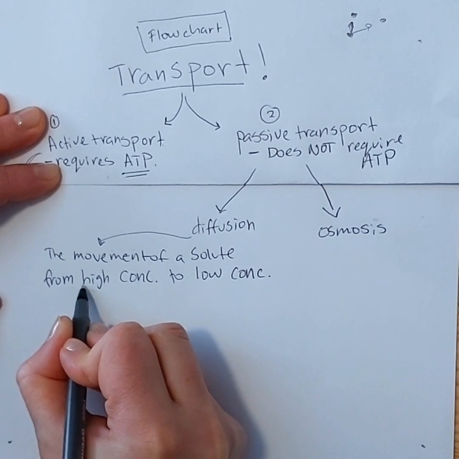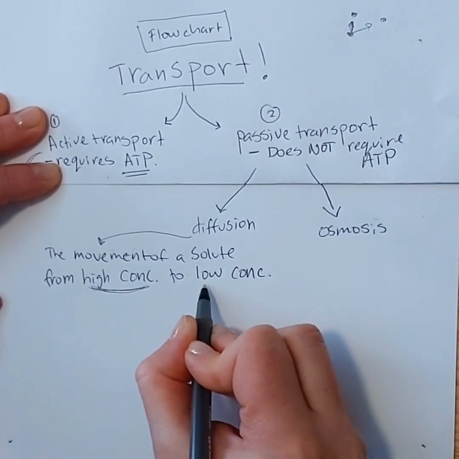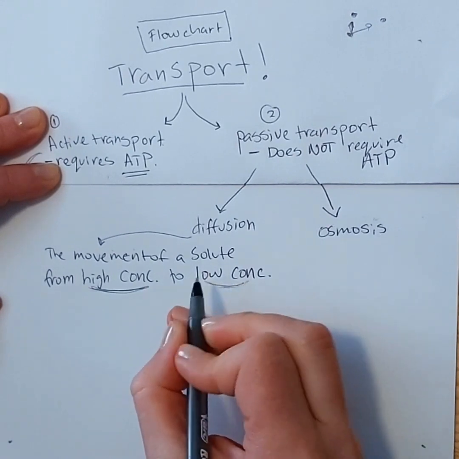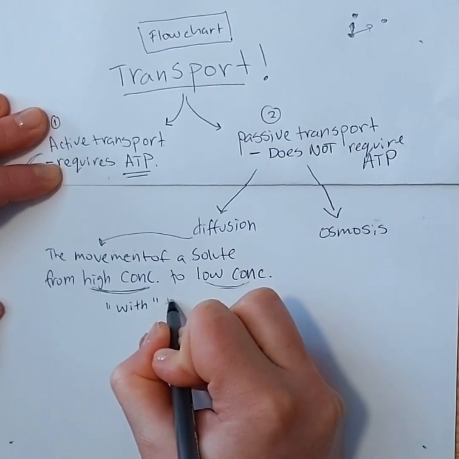This means you're going from where there is more of a solute, where the concentration of a solute is higher, to where there's less solute. We also say this is with the concentration gradient.